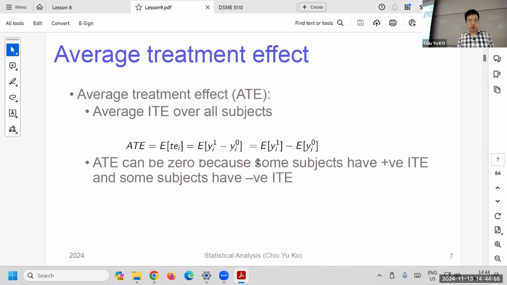So that's why when you look at the literature, that's what we want to do. We want to look at the average treatment effect because we really don't know. You can't have the same guy both ways. So the hope is we look at this expected treatment effect, the expectation of the difference, because expectation can spread out.